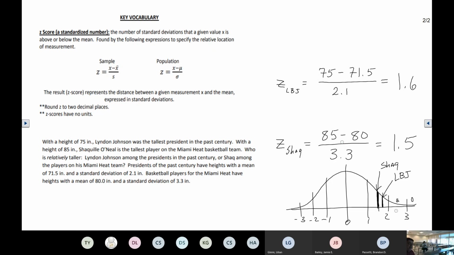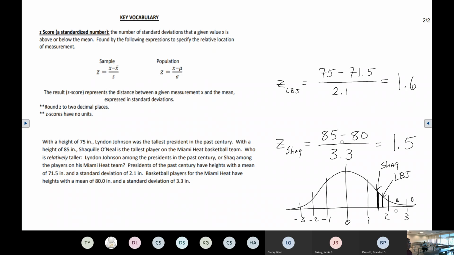Now, why is that? Because he is a big fish in a little pond. There is no height requirement or height advantage to being president of the United States. Some would say it's an advantage to be tall, because you're a leader. Some people may argue that, but there's not an advantage. Whereas in basketball, there is an advantage.